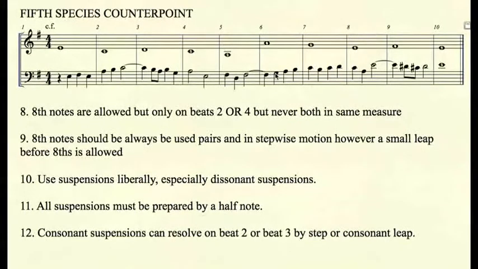Now, this note stepping up is a dissonant passing tone, but because it's correctly followed by a consonance on beat 3, this is an example of a correct resolution of a consonant suspension, resolving up by step on beat 2.